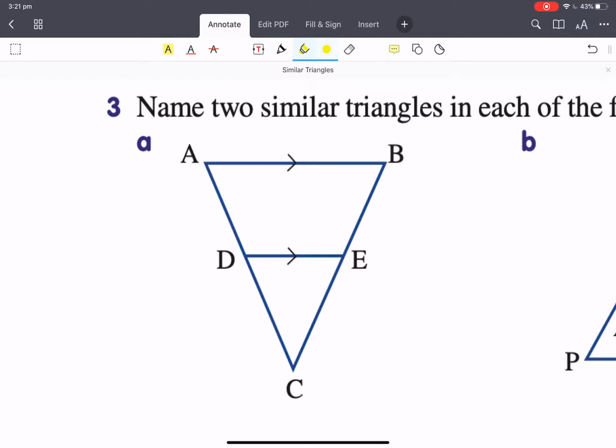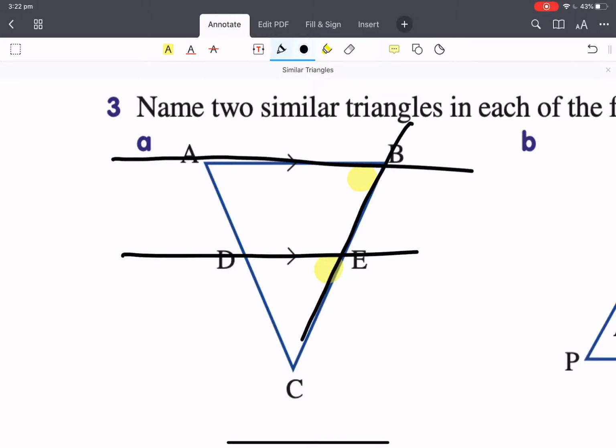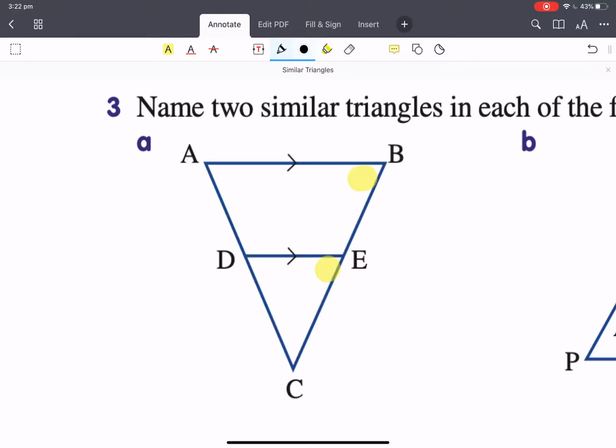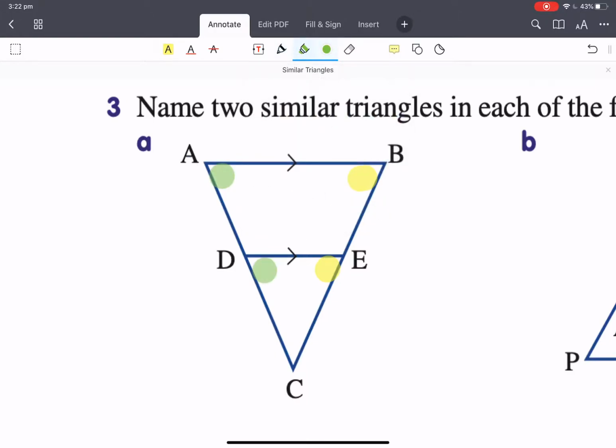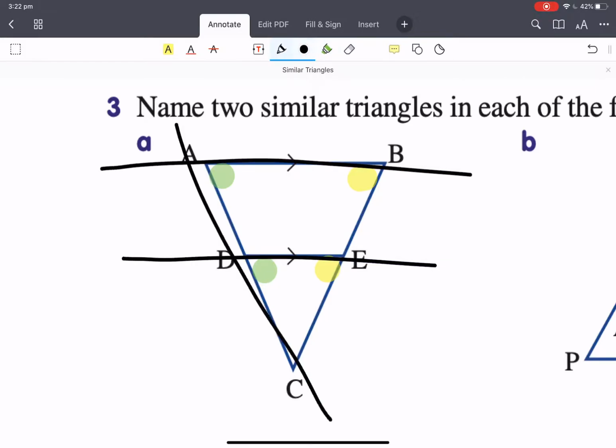So, see that angle and that angle, they're the same angle because I've got 2 parallel lines and 1 crossing. They are corresponding angles. I can also say the same about that green because I've got 2 parallel lines and 1 crossing.